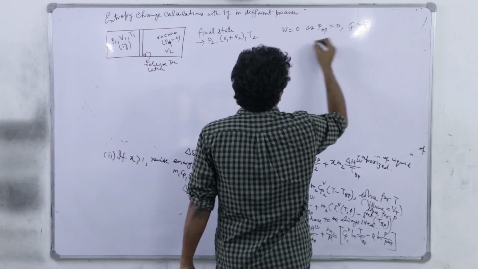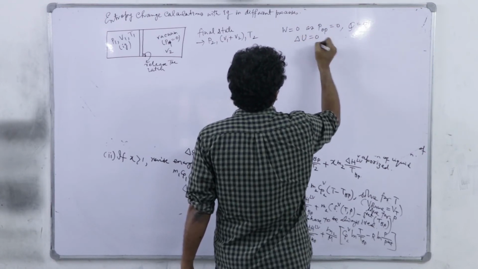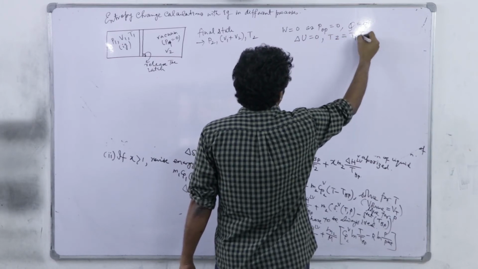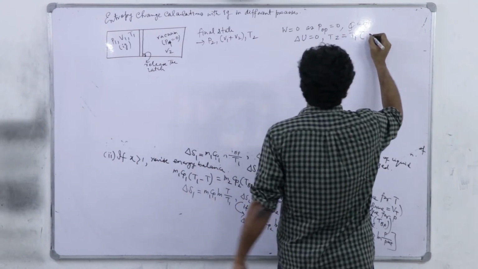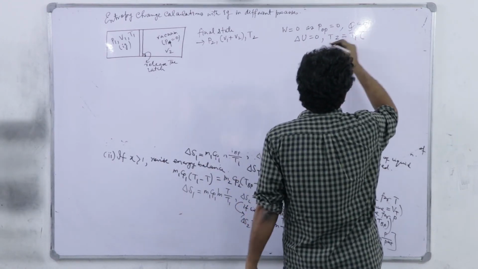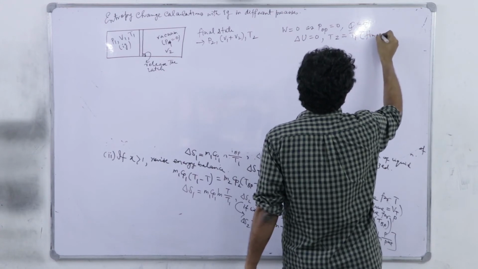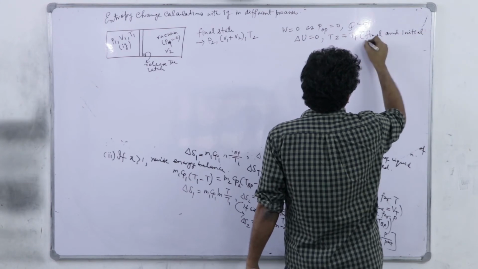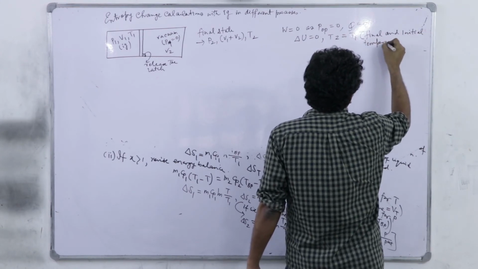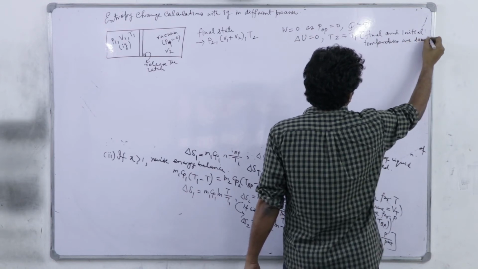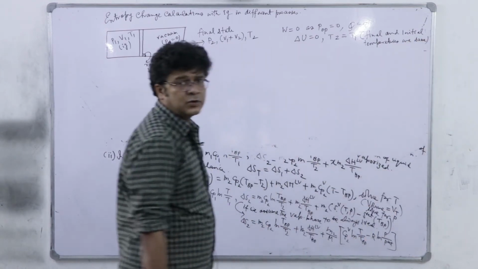No heat input, so delta U is equal to 0. So, T2 is equal to T1, as we discussed in the previous session when we discussed the first law, right. So, final and initial temperatures are the same, right. So, T2 equal to T1.